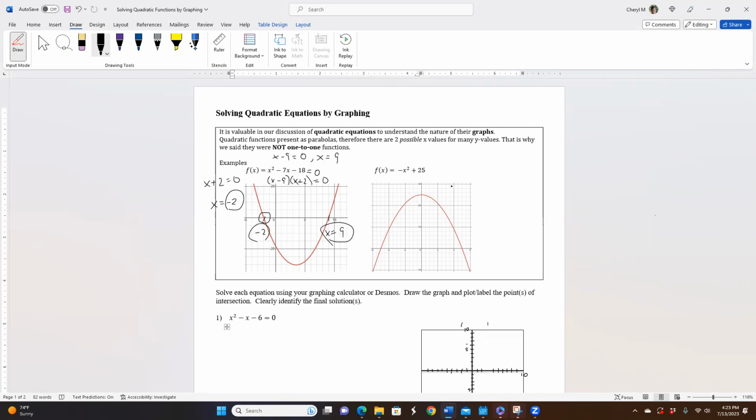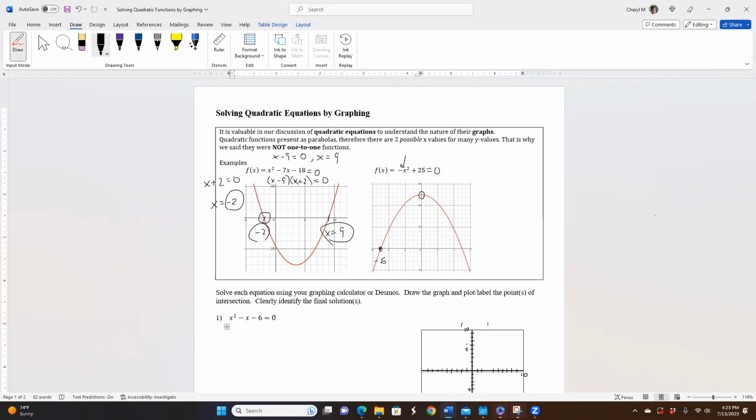Similarly, on our second one here, we have a negative x squared plus 25. The negative lead coefficient in front of the x squared is going to make the parabola open downward. The 25, that's where it crosses the y-axis. But if we set it equal to 0, what we're really asking is where is the function value or the y value 0? So when you're going left or right, when are you not going up or down?